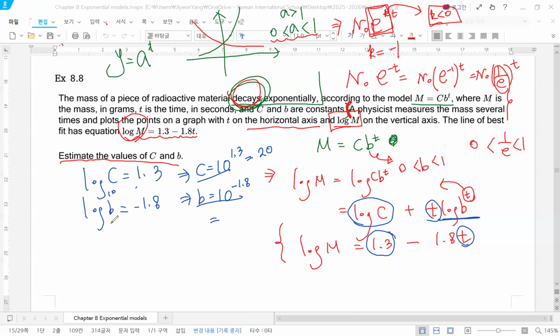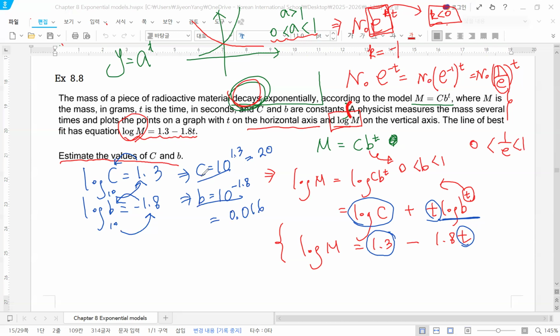The base is 10. So 10 to the power of 1.3 equals c. Do you remember this one? 10 to the power of negative 1.8 equals b. I just converted directly without mentioning it. It's 0.016. Sorry, again, 0.016, and c is 20.